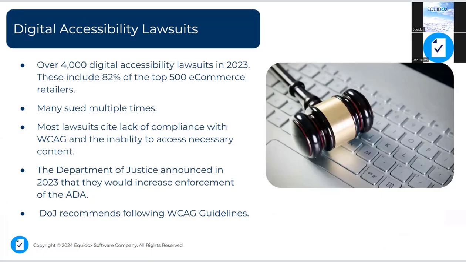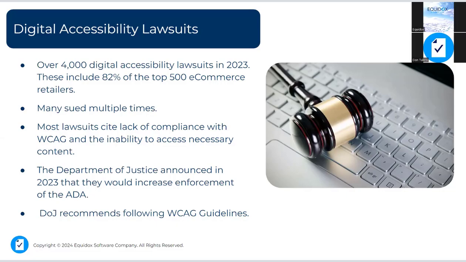Okay, so again, here is just some more data about the rising number of lawsuits that organizations are facing over digital accessibility, which again includes PDFs. So the theme is very clear. We are a highly digital society, and organizations have a responsibility to ensure that their content can be interacted with by everyone, not only fully sighted people.